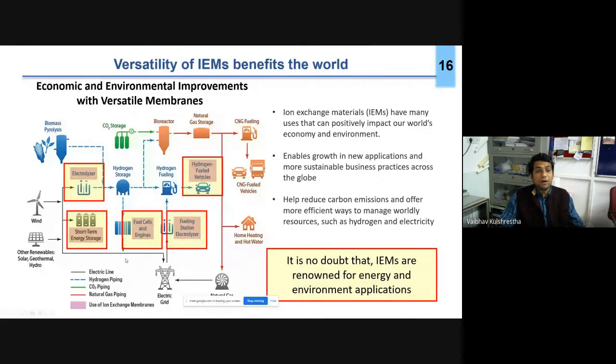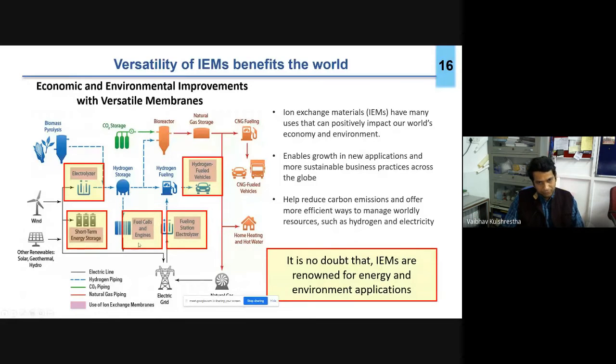So the versatility of ion exchange membrane: here you can see a picture where all types of energy are used. So electric lines, hydrogen piping, CO2 piping, and natural gas are used. And from here you can see where we are using the ion exchange membrane in the electrolyzer. In fact, for short-term energy storage, meaning redox flow battery, we also use the ion exchange membrane.